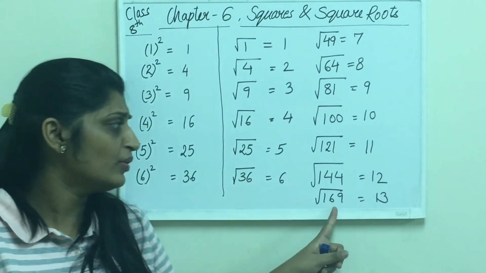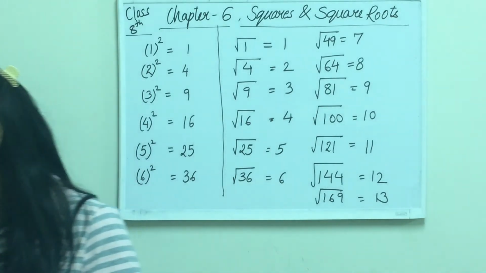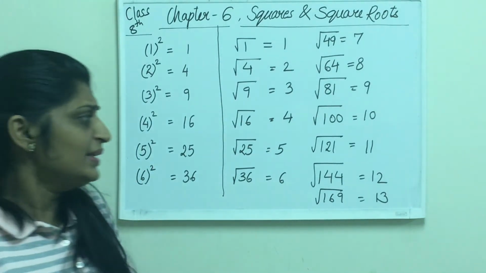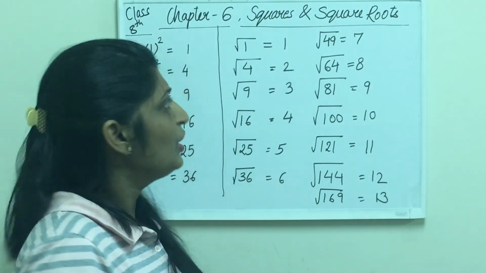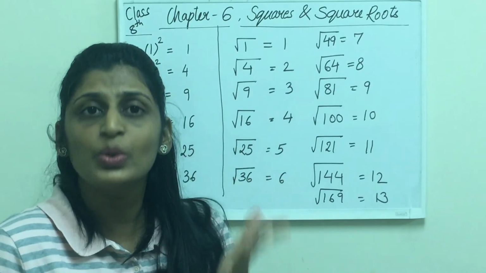Similarly, if I give the square root of 196, it will be 14. As you all know, you know the squares of the numbers till 20.